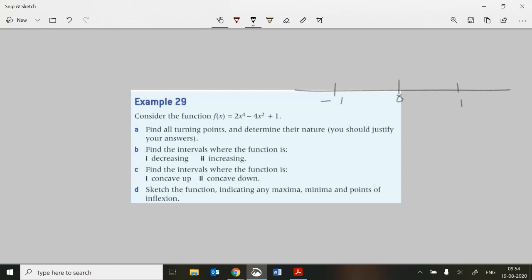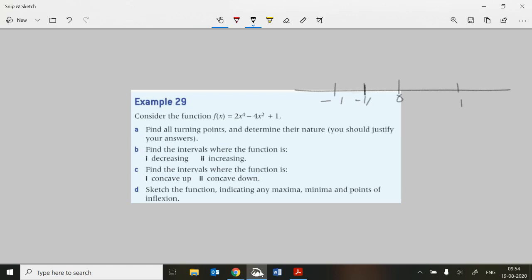We know the graph is like this somehow. We know that at 1 over the square root of 3, to get an approximation, 1 divided by square root of 3 is giving us 0.57-ish. Okay, so around about here.